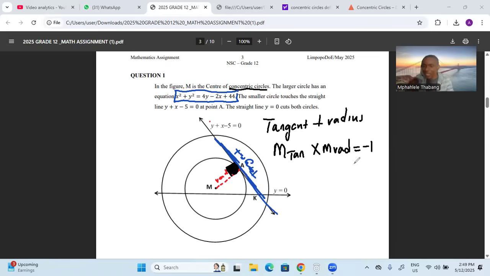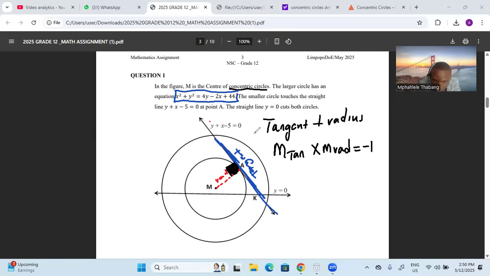Because the tangent and the radius are perpendicular. The product of the gradients of perpendicular lines is -1. So the gradient of a radius times the gradient of a tangent is -1. This is a very important relationship that you must be aware of. Concerning a tangent and a radius, you must know that they are perpendicular.